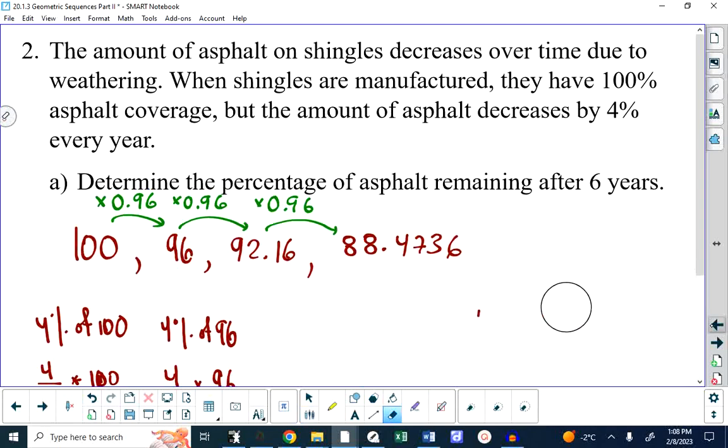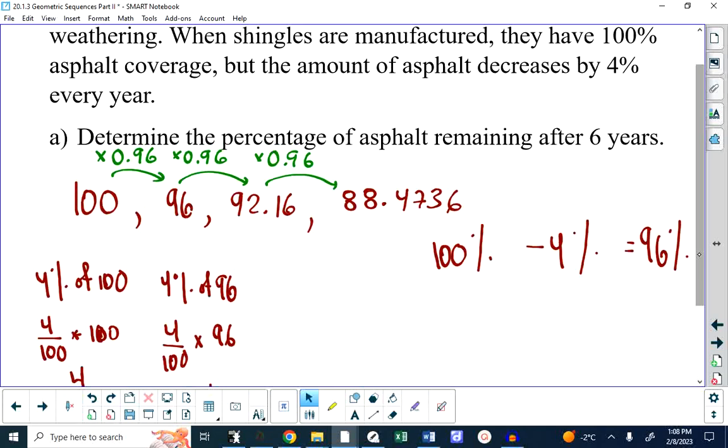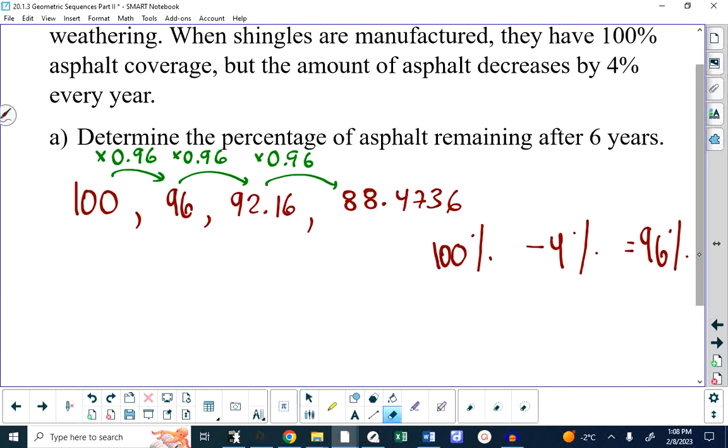However, I shouldn't have done that. However, in this geometric sequence that we're talking about, I can get rid of this. This is T1, correct? But T1 is not the percentage of asphalt left after 1 year.